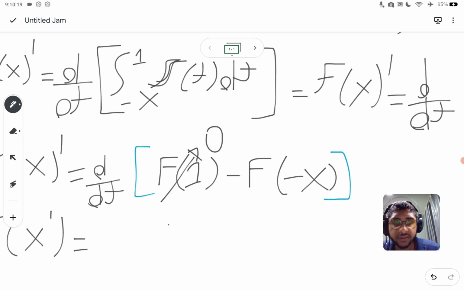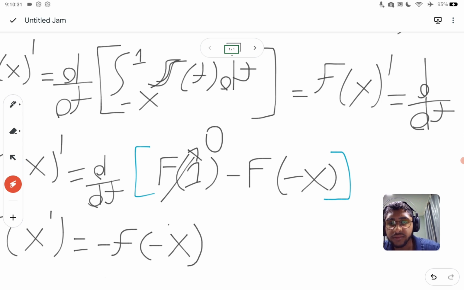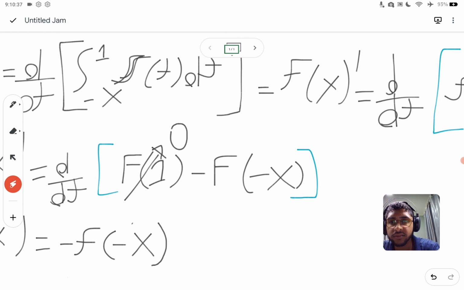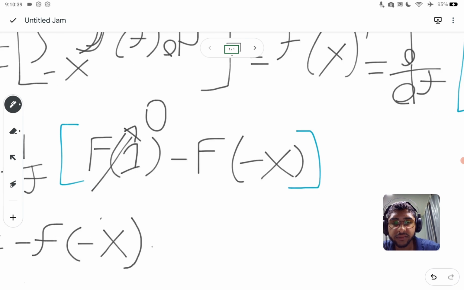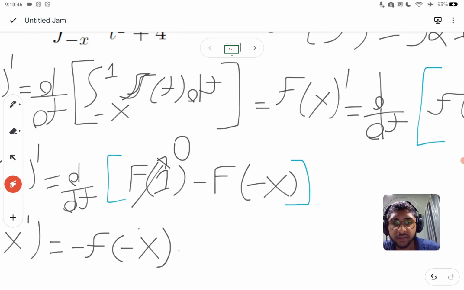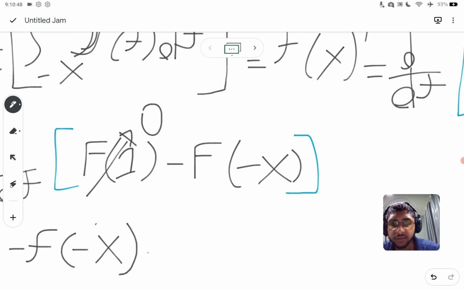Let's put it here. Due to the chain rule, what you can do is put the minus F of minus x. This is the main function, evaluated at another function inside it, times the derivative of the inside function of the main function. That will be minus 1.